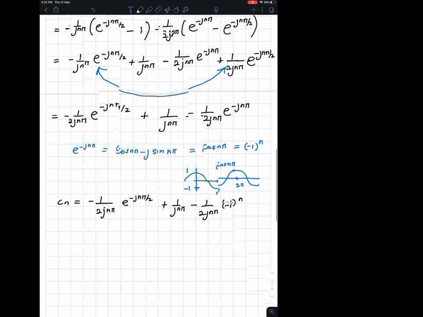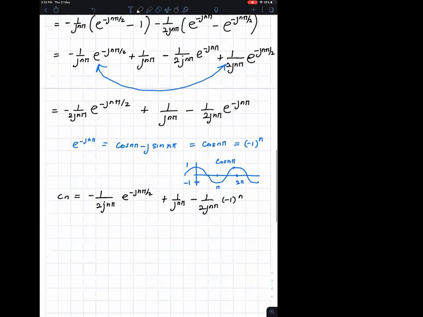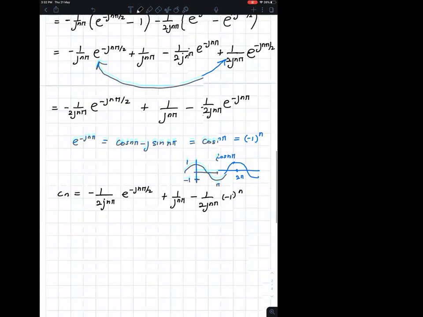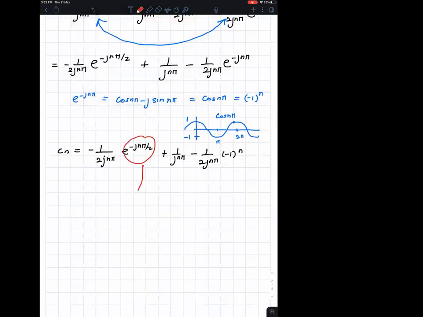Okay. So let's see whether we can simplify this or not. I'm just trying, let's see. If you use Euler, this can be cosine n pi over 2 minus j sine n pi over 2.